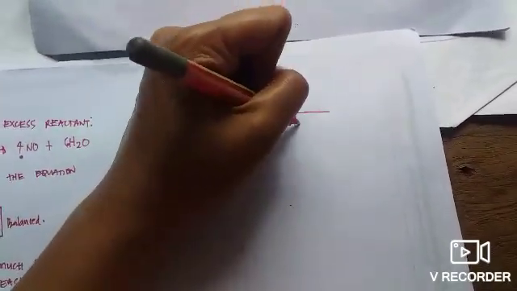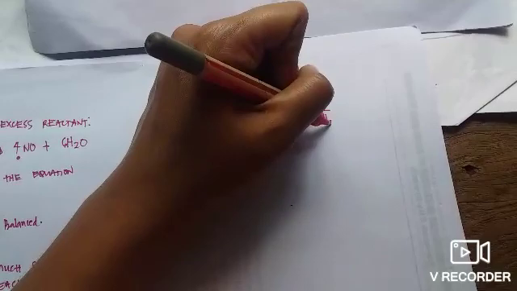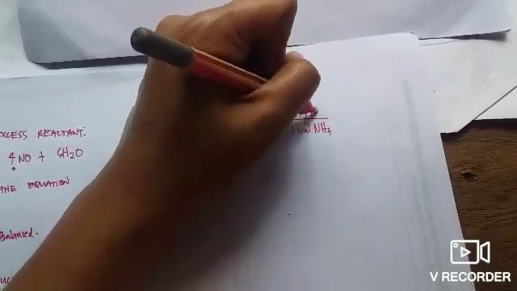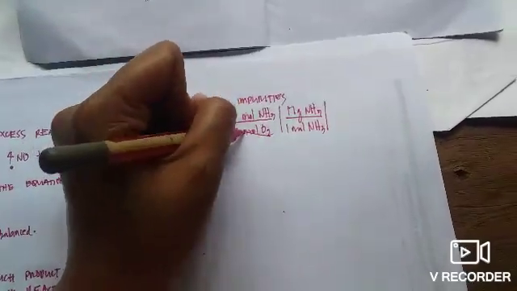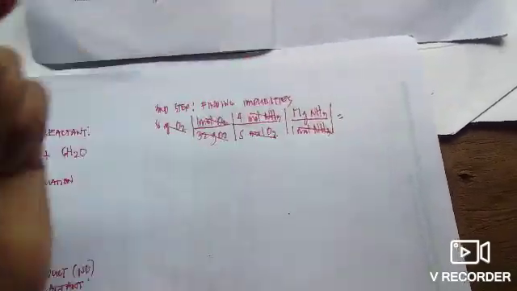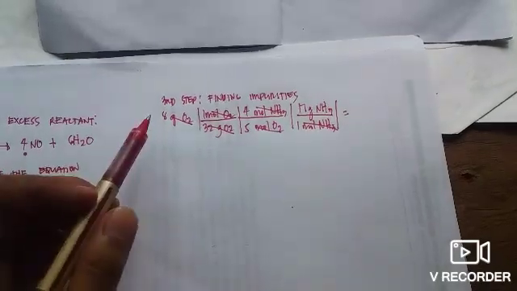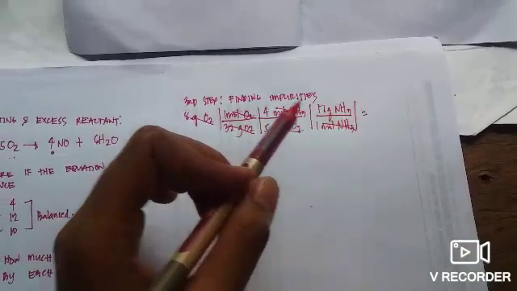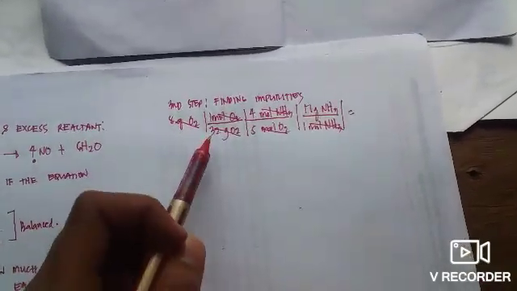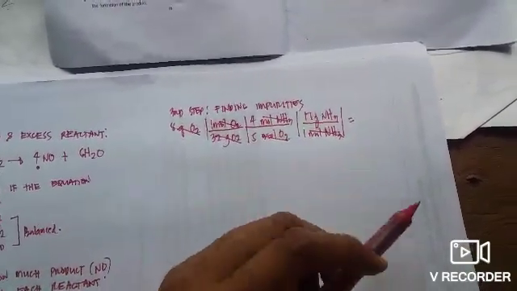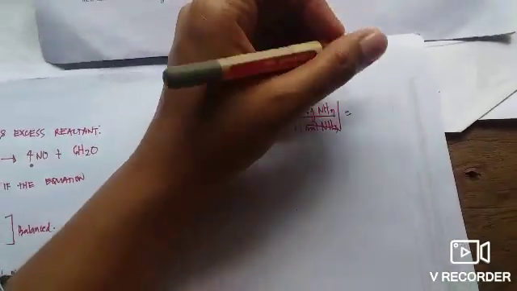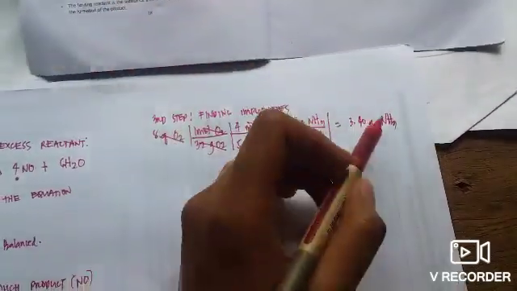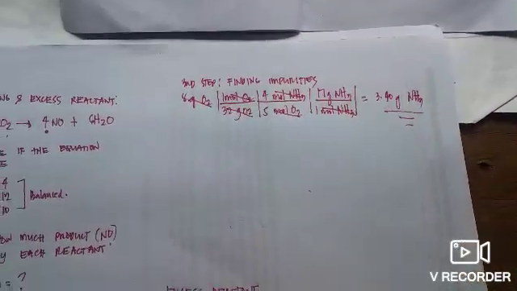So convert, 1 mole of NH3 is to 17 grams of NH3. So cancel the unnecessary units, then solve. So 8 times 1 times 4 times 17 will be divided by the product of 32 by 5 by 1. And we will obtain the answer of 3.40 grams NH3. So this is the value of our impurities.